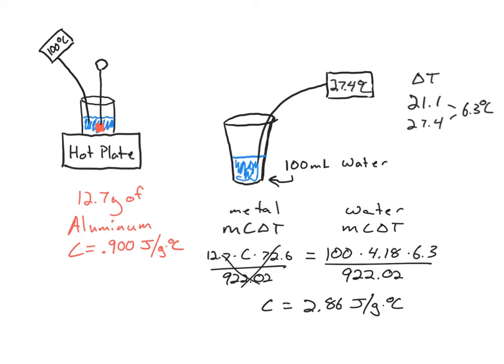What actually ends up happening is it absorbs some heat from the room, from the atmosphere, because the room might be warmer than 21.1 degrees Celsius. And so we do need to be careful that we're recording the temperature of the water immediately before we transfer the piece of metal into it. And we need to make sure that this piece of metal is being transferred very quickly into our water sample.